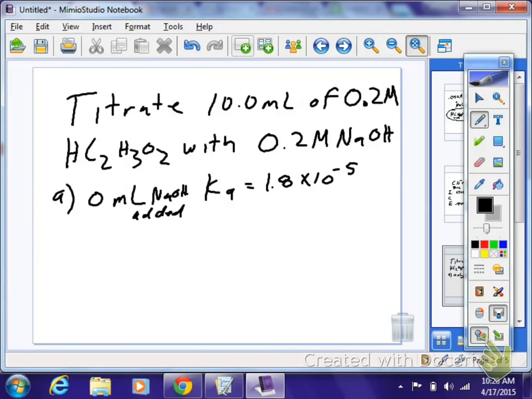You can't just log that number. If you're logging that number, then your answer is going to be wrong, because you can only do that with strong acids. So then the Ka is there. If you remember, Ka equals H plus, which would be your concentration you want to solve for, and then this would be A minus.